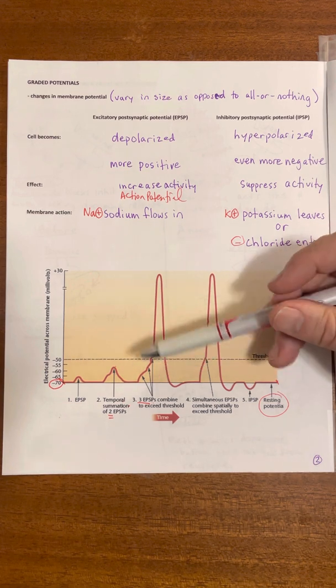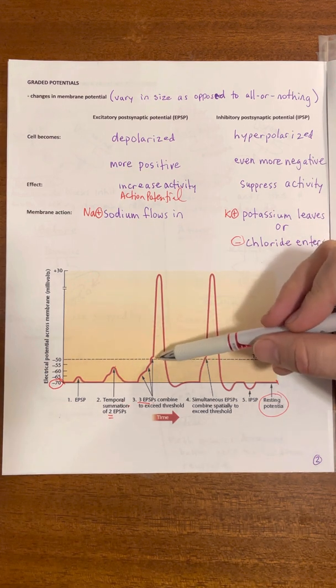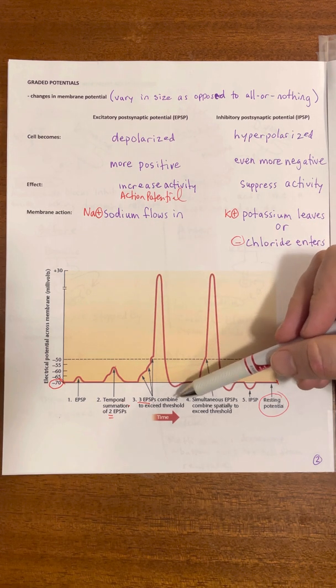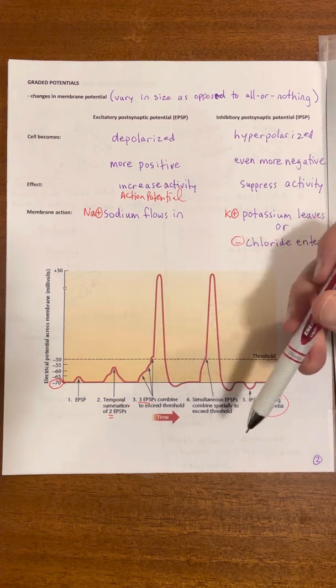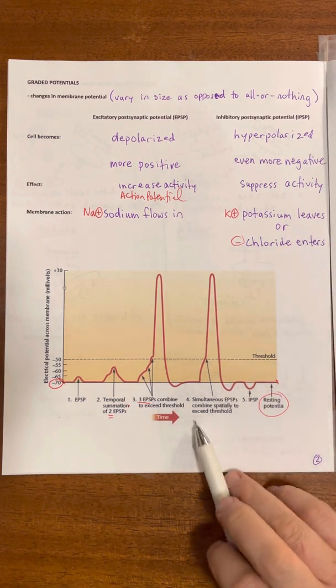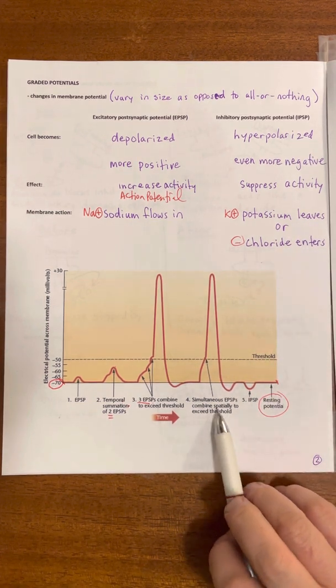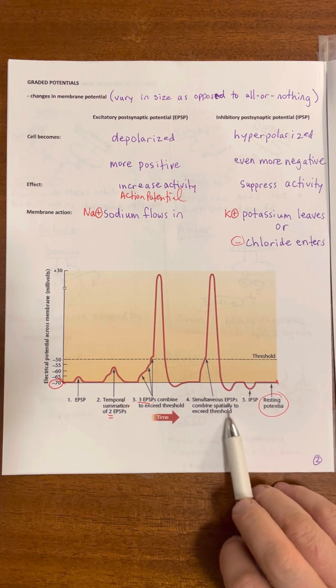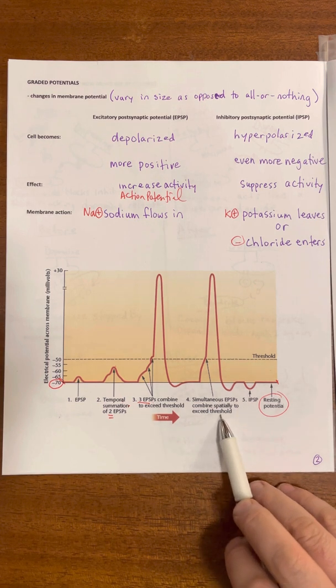Notice how quickly the action potential is occurring. It basically thrusts up really fast and then goes right back down to being negatively charged. So let's take a look at this fourth type of EPSP. Here we're saying simultaneous EPSPs combine spatially to exceed the threshold, right?